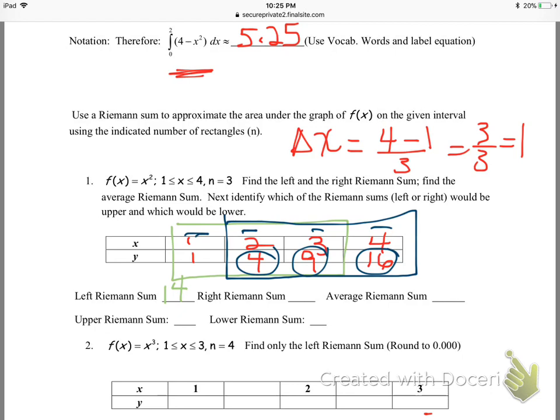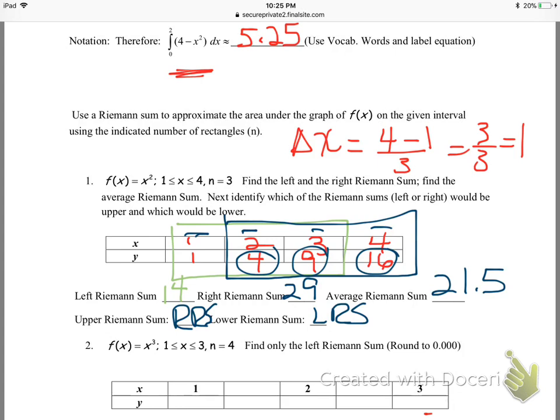So 1 times 4 plus 1 times 9 plus 1 times 16 should give me 29. If I add these together, divide by 2, I will get 21.5. The right Riemann sum is the upper in this situation, and the left Riemann sum happens to be the lower in this situation.